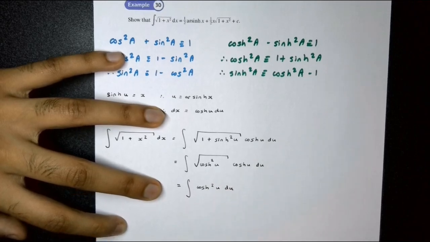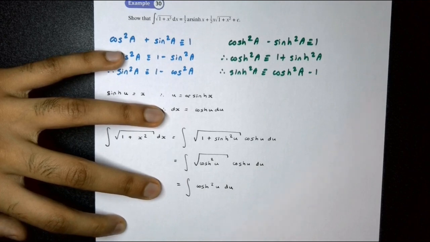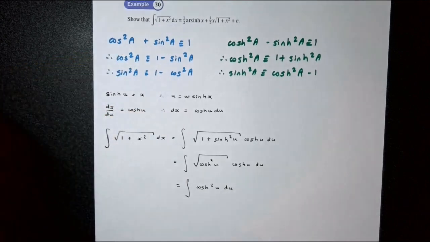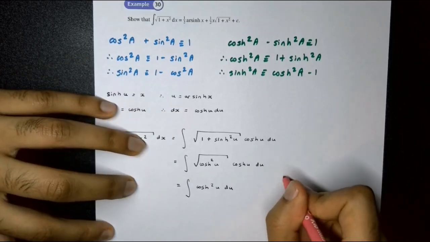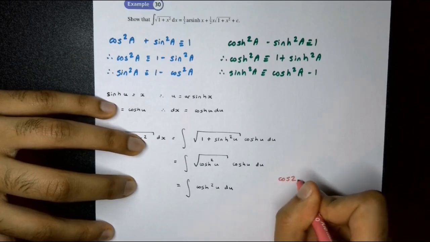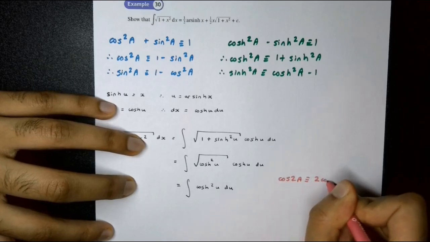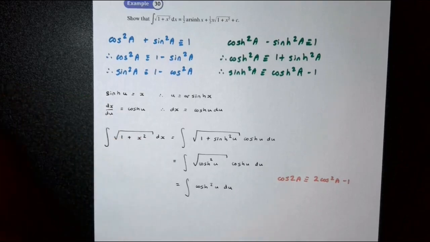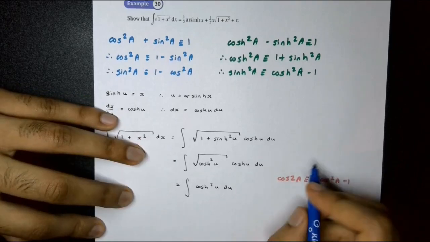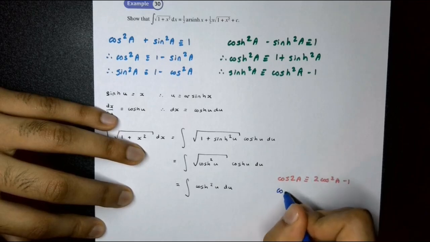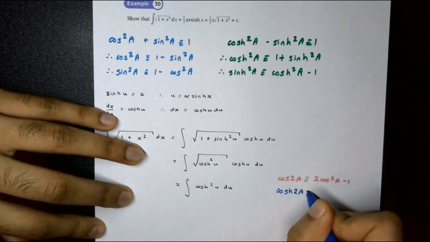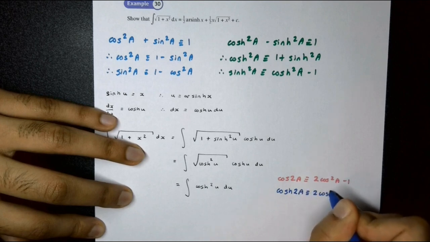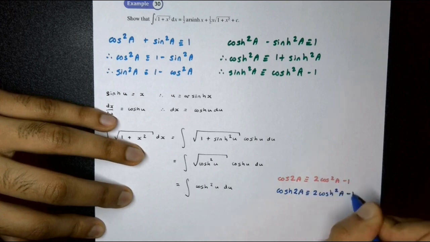Now the way we will approach this is to think about the trig identity cos 2a is equivalent to 2 cos squared a minus 1. The corresponding identity in terms of hyperbolics is hyperbolic cos of 2a being equivalent to 2 times hyperbolic cos squared of a minus 1.